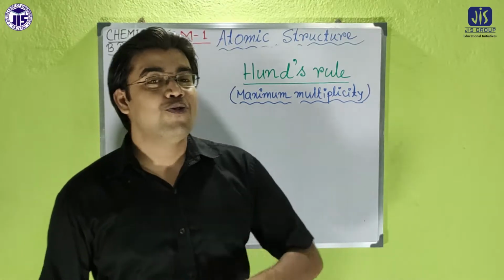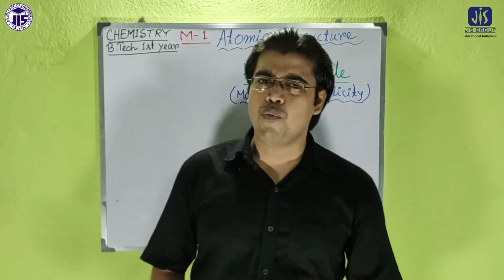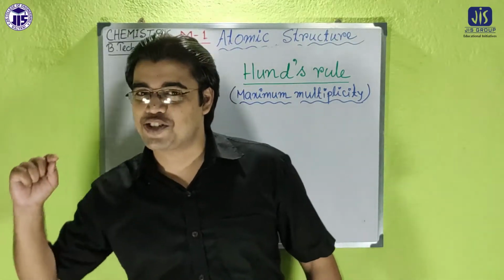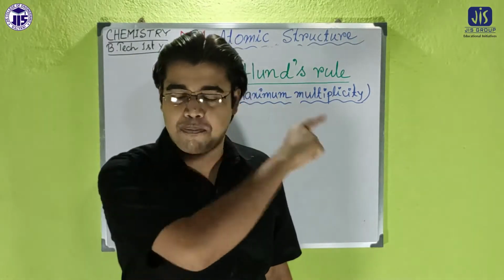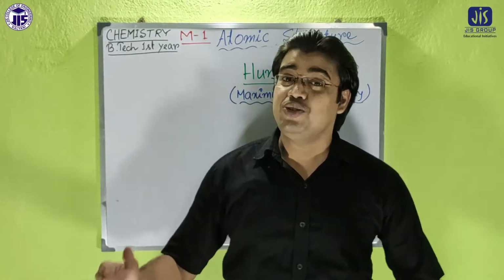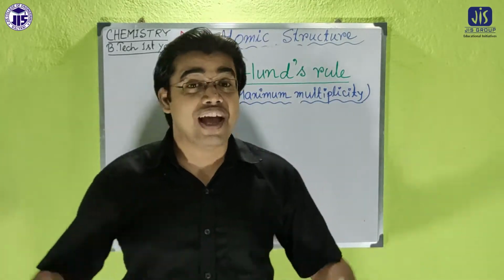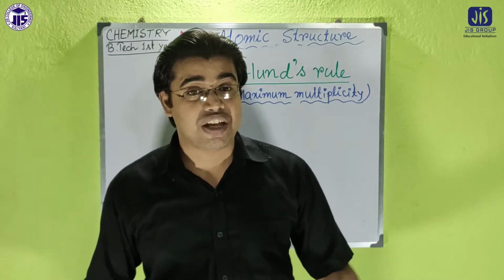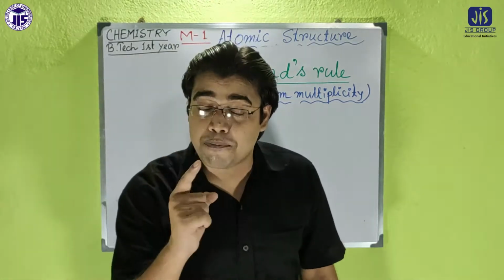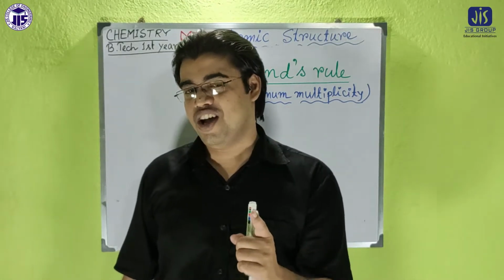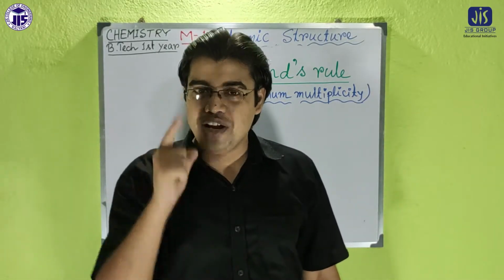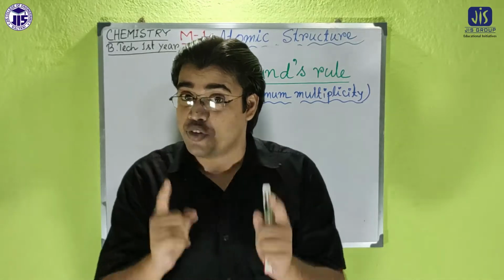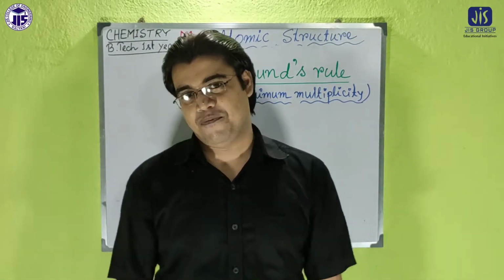Then Hund's rule tells us how we can put electrons one by one in all the orbitals of that subshell. According to Hund's rule, pairing of electrons in the orbitals of the same subshell is only possible when all the orbitals of that subshell are singly occupied with parallel spin.